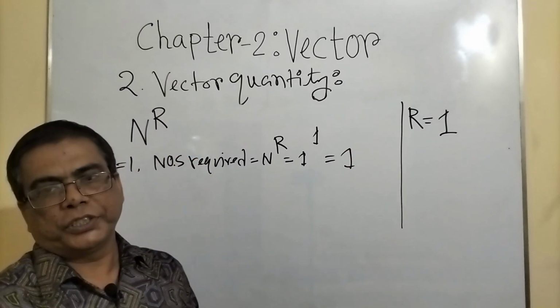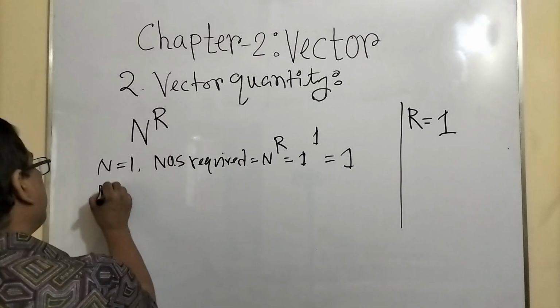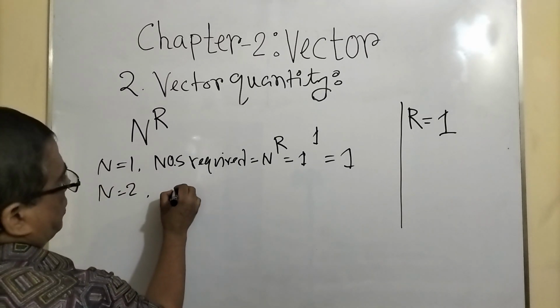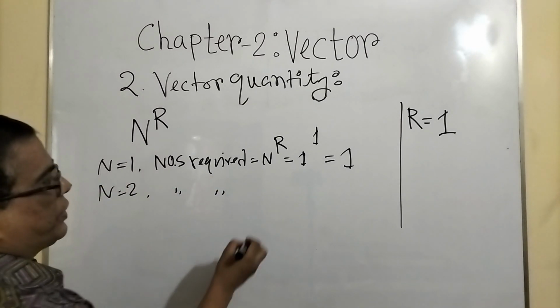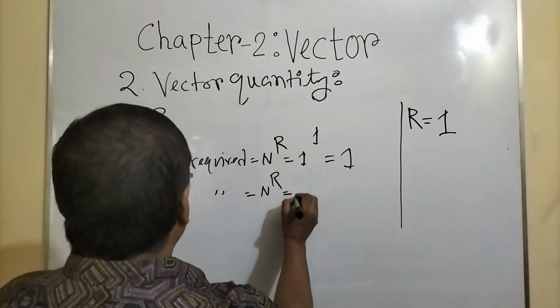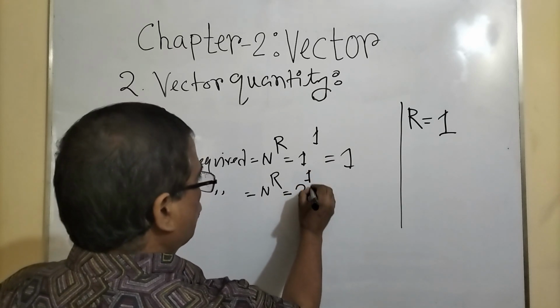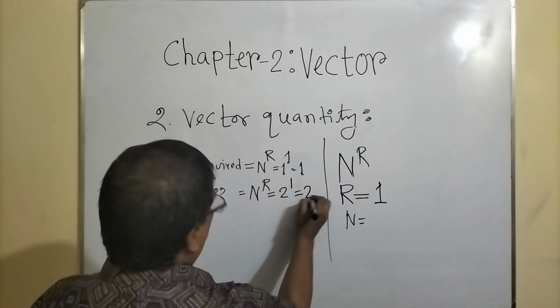When a vector quantity is in two-dimensional space, n equal to 2, numbers required to represent the vector quantity equal n to the power r, n equal to 2, r equal to 1, 2 to the power 1 equal to 2.